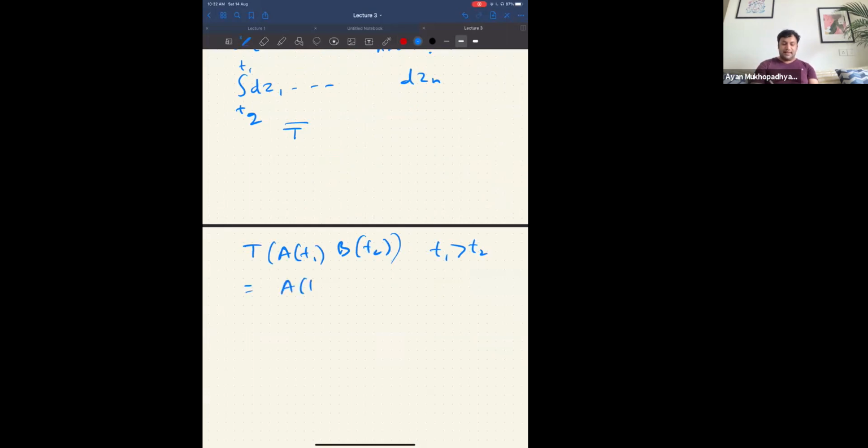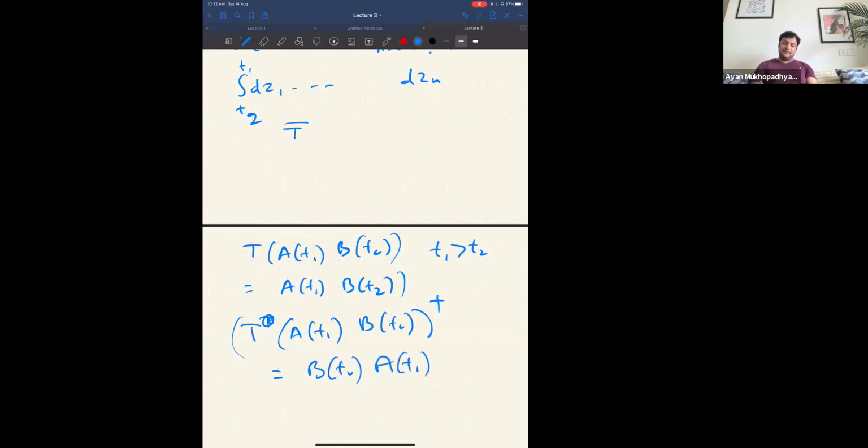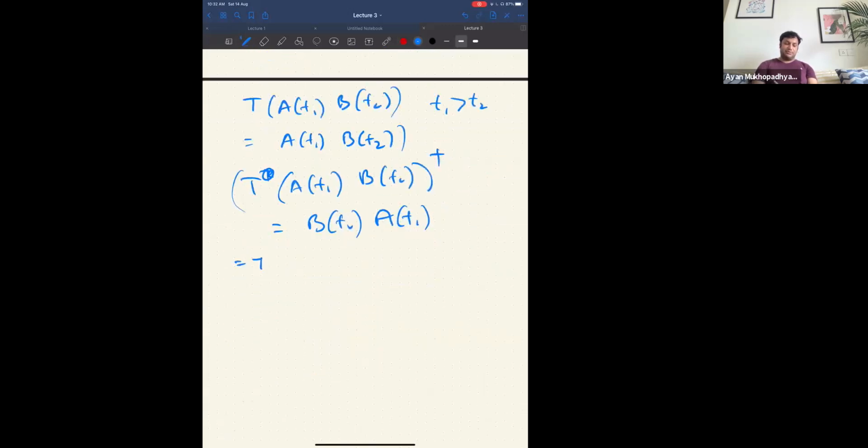So in that case, it would be A(t1)B(t2). Now, if I take the dagger of this, this is equal to B(t2)A(t1), and this is exactly the anti-time ordering.